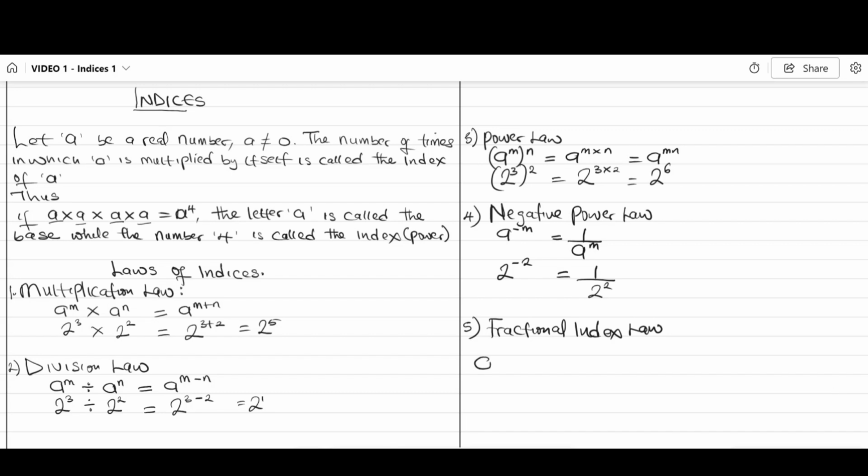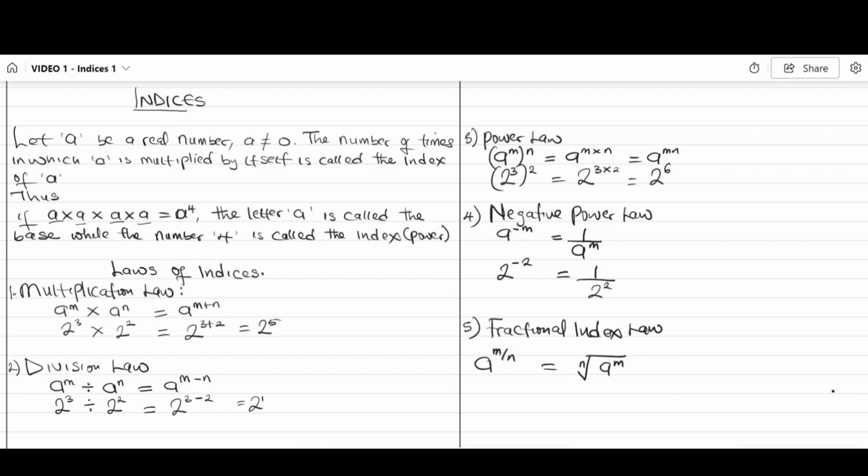So if I have a to the power of m divided by n, we are saying that the numerator represents the power and the denominator represents the root. So this will be the nth root of a, all raised to the power of m.